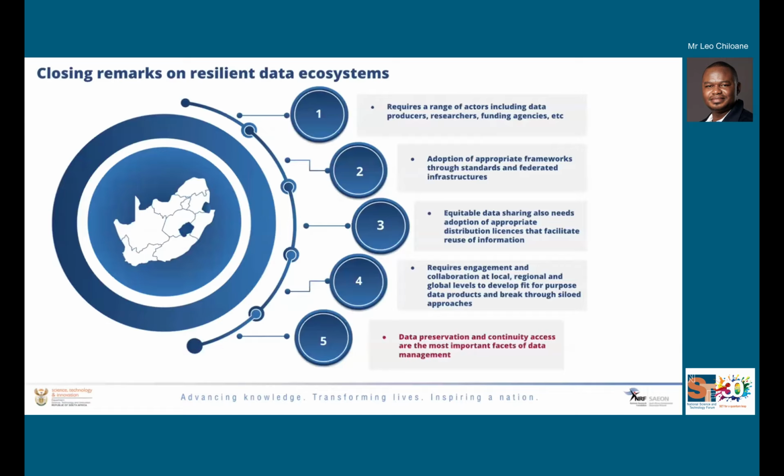And just to close off, on resilience, based on the things that I've highlighted in my presentation, it requires a wide range of actors, including data producers, researchers, funding agencies, the general public, etc. Then adoption of appropriate frameworks through standards and federated infrastructures to work on interoperable systems and break through the silos.